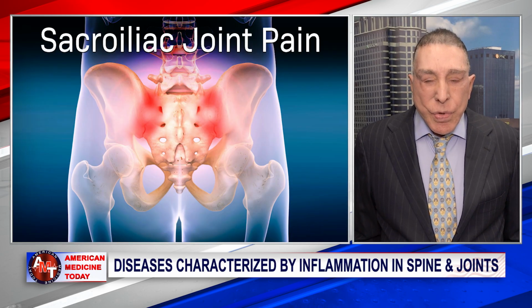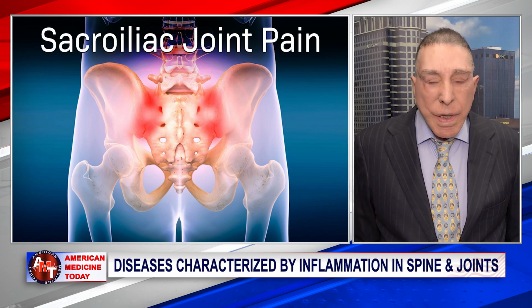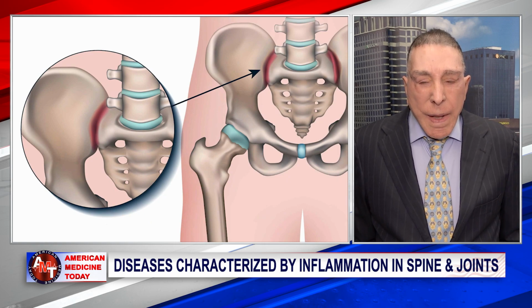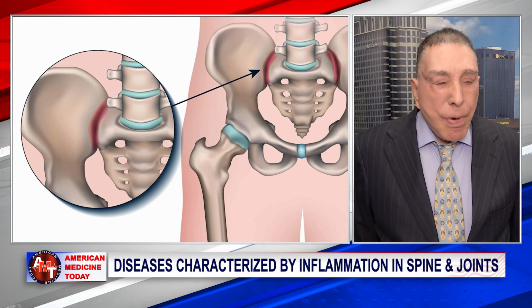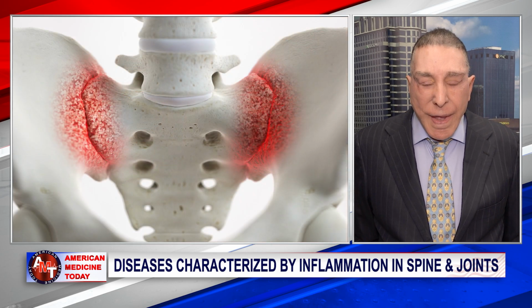There are two different types of ways to diagnose this disease. The first one is radiographic. You look at the X-ray and at the sacroiliac joint and you see some type of small damage on the bone, like a moth-eaten injury.